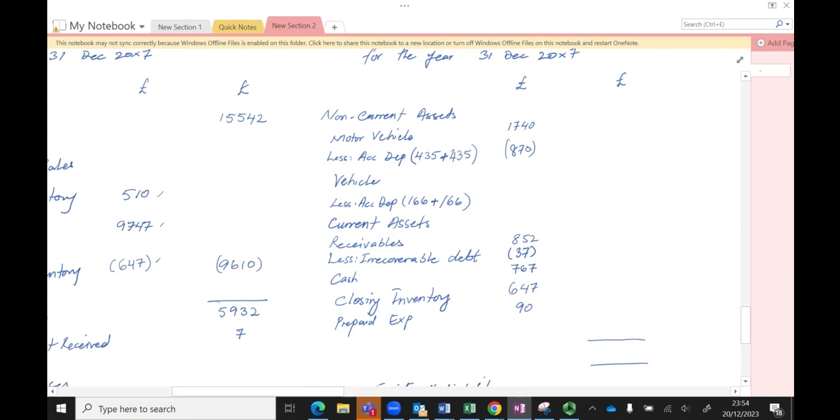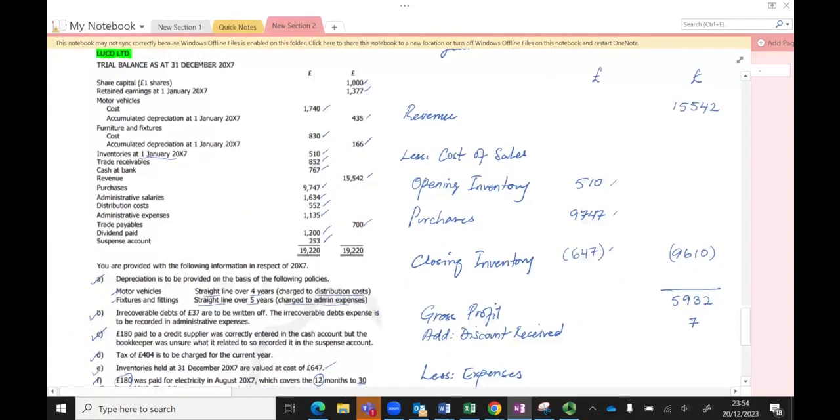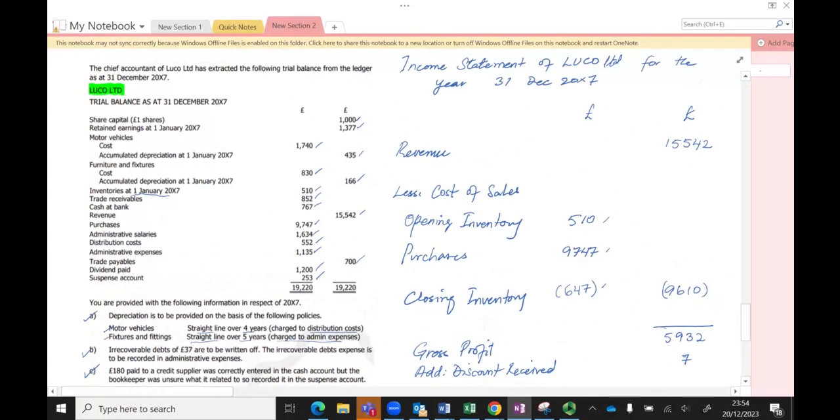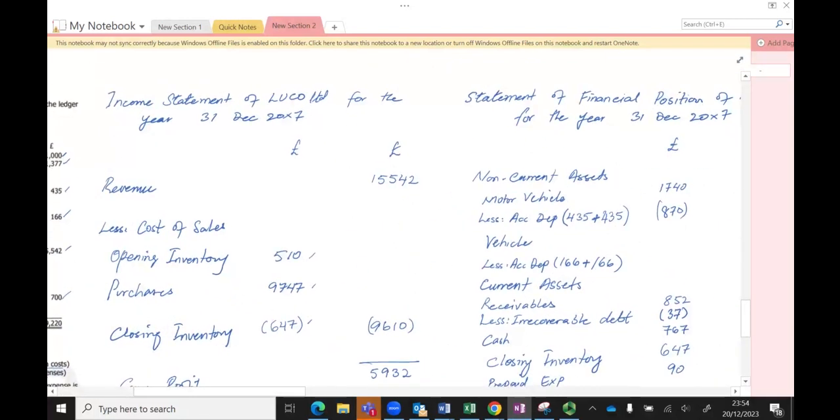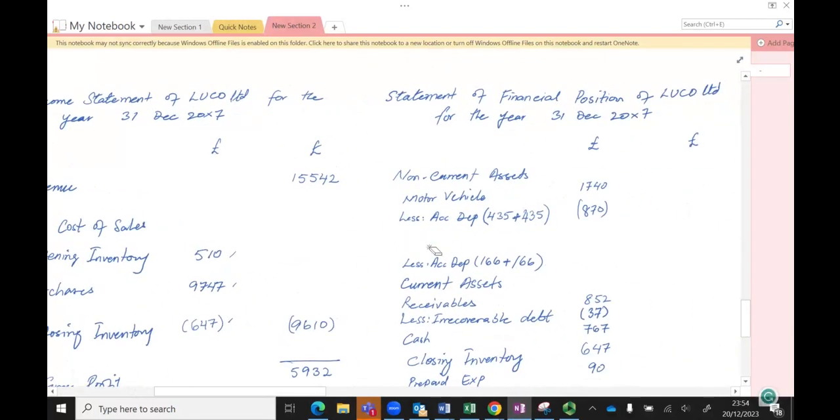Fixture and fittings balance, I did not write the balance, let me write that, which is 830.